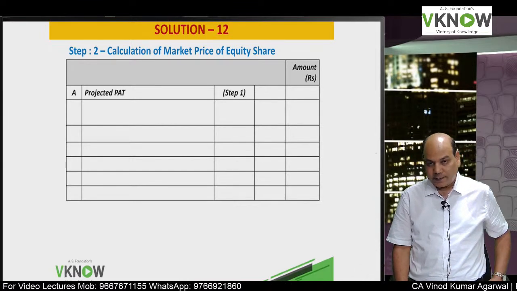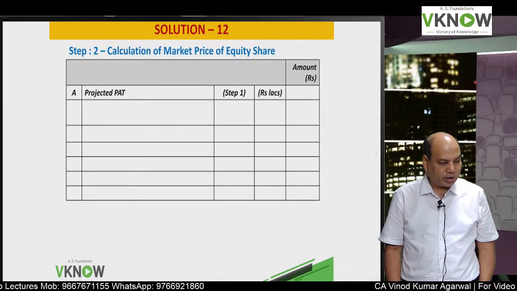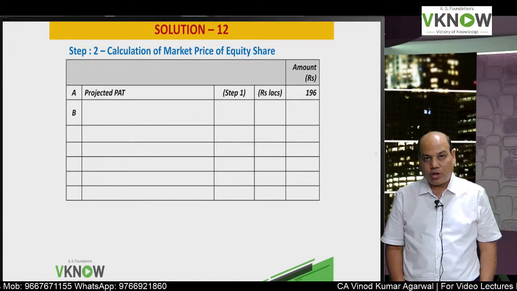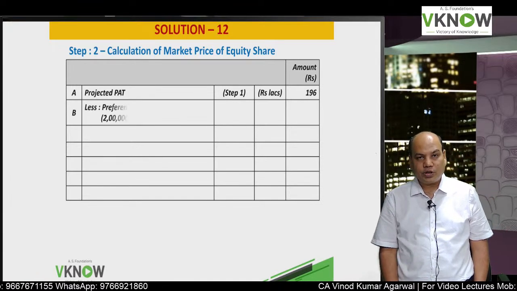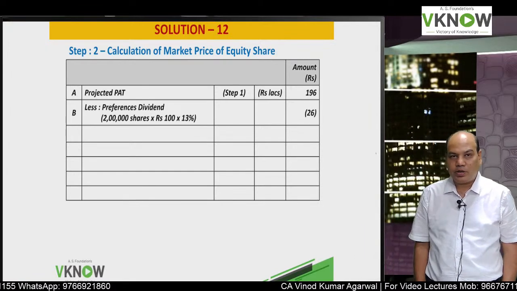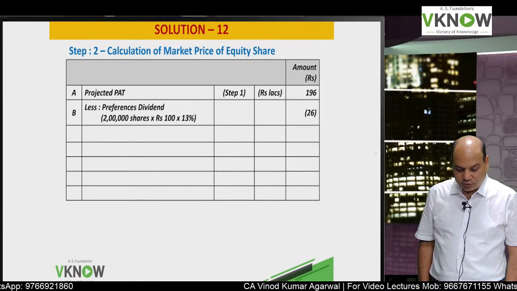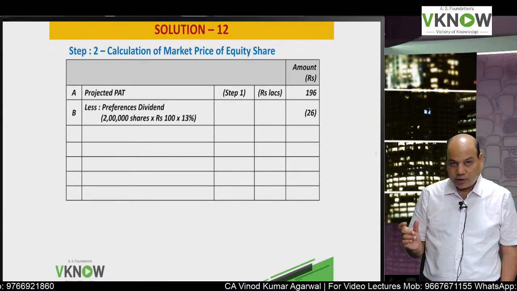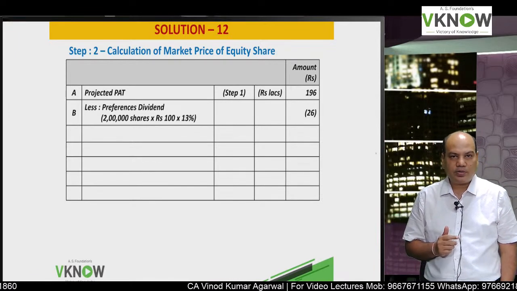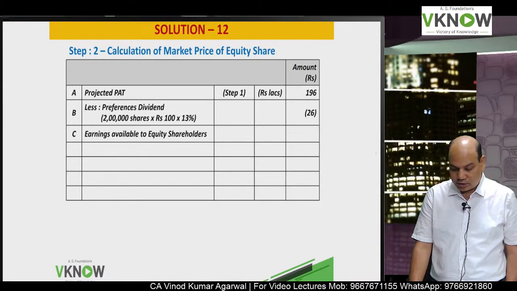First point A, projected PAT is 196, already calculated in step 1. Less preference dividend, rupees in lakh, 2 lakh shares into 100 into 13%, so that comes to 26 lakh.